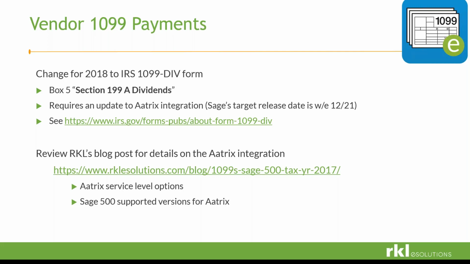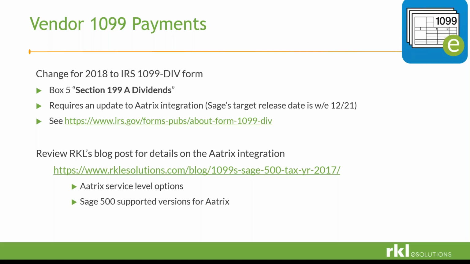RKL did provide a blog post back in 2017 that talked about that transition, and that blog post does explore the different service level options. So if you want Avalara to perform the distribution of the forms to the recipients, but you want to take care of the filing yourself to the IRS, you have that choice. You can pick and choose from a variety of options there, and the pricing is laid out, I believe, on a link on that blog post as well.